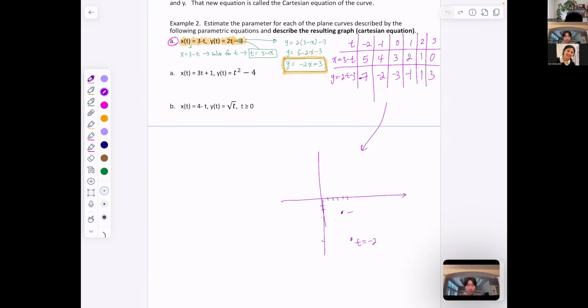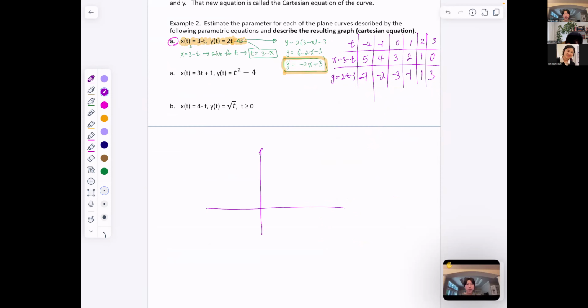So let me graph correctly. So we have 1, 2, 3, 4, 5. 1, 2, 3, 4, 5, 6, 7. I think for the t at -1, it should be -5 for the y. Yes, you're right. Thank you for checking. It should be -5.